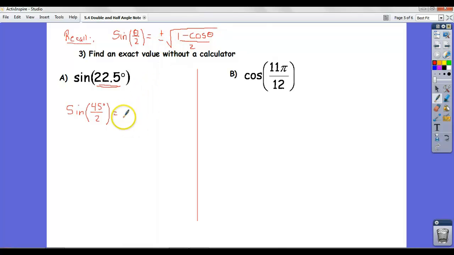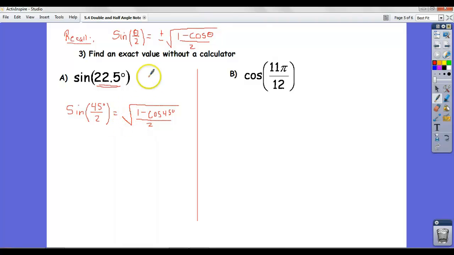So I'll talk about the plus and the minus in a second, but this is going to be 1 minus the cosine of my theta now. So again, theta in this problem is our 45. All that divided by 2.